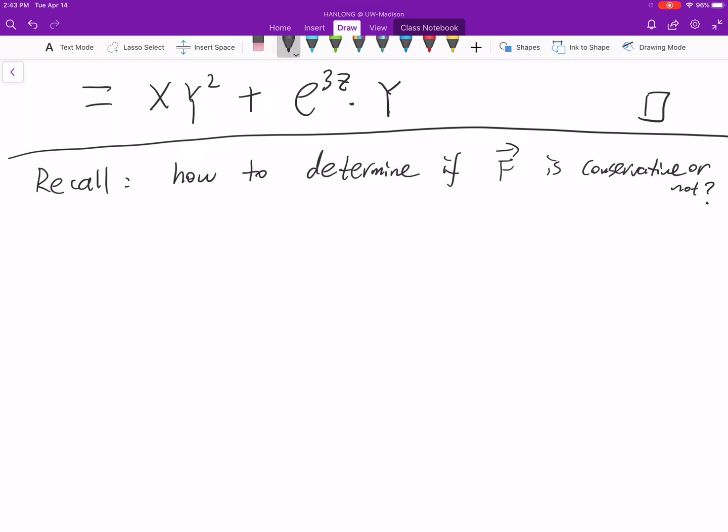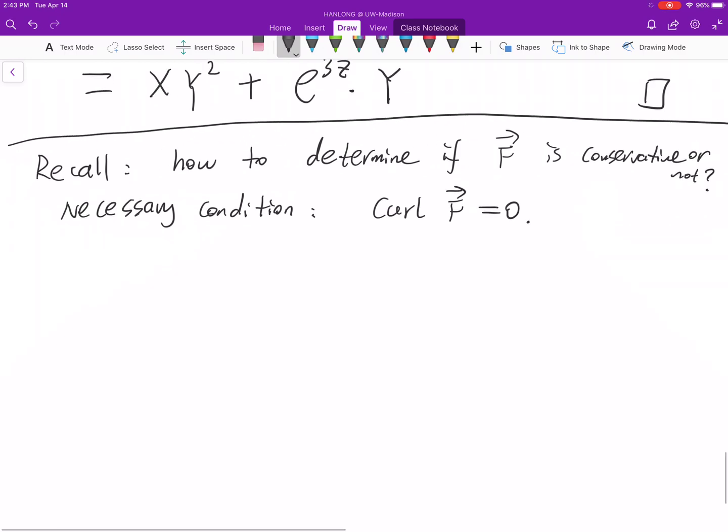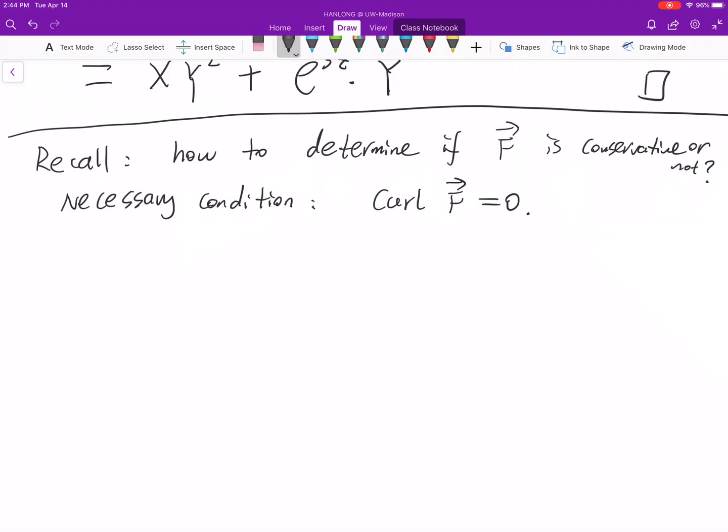Before, we already know there's a necessary condition: curl F is 0. Necessary condition means if F is conservative, then curl F is 0.